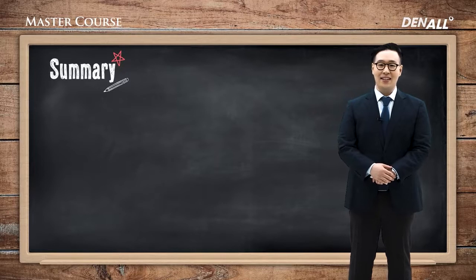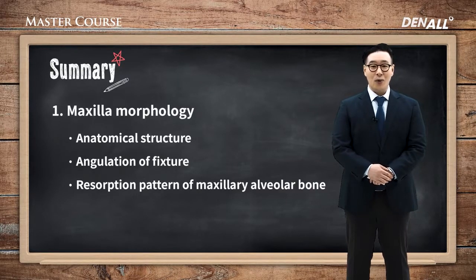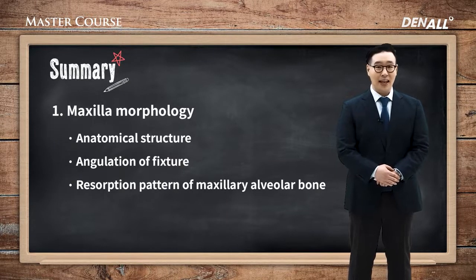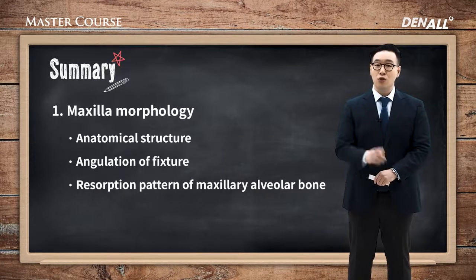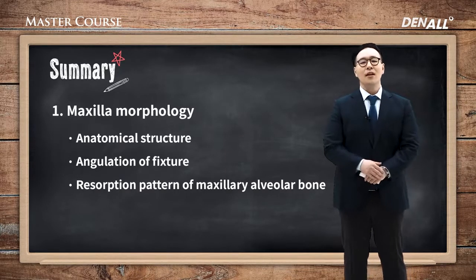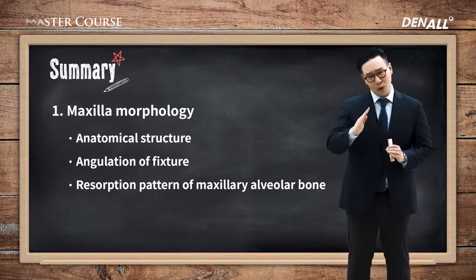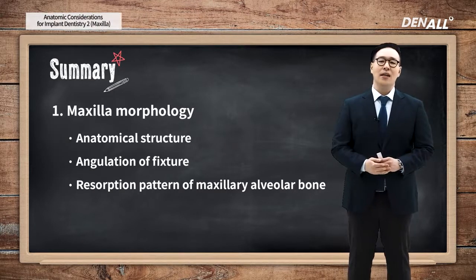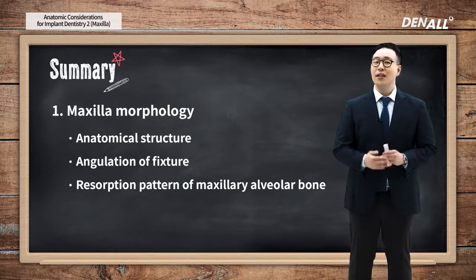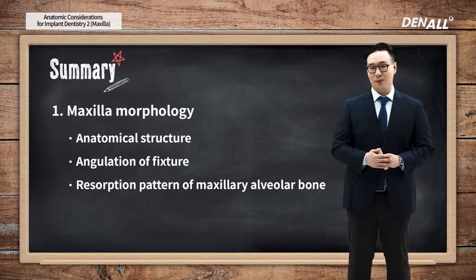So, let's summarize today's lecture. First, you need to understand the anatomical structure on the maxilla side, and based on that, placing the fixture at the right angulation is important. Right location and right angulation are also important for the success of the next steps.